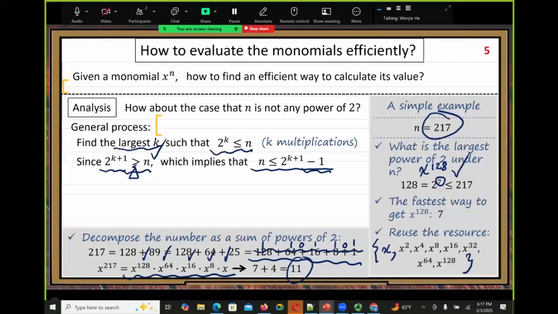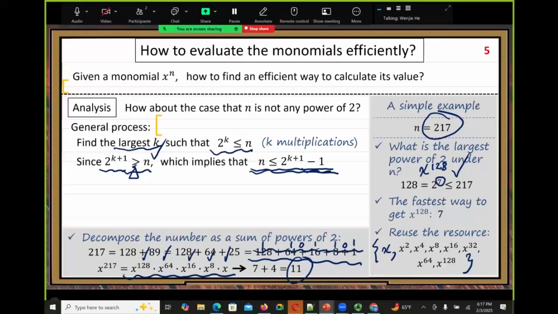After you subtract 1, there is a possibility they could be equal, but overall still greater. All right, so that's the analysis, the logic behind it.